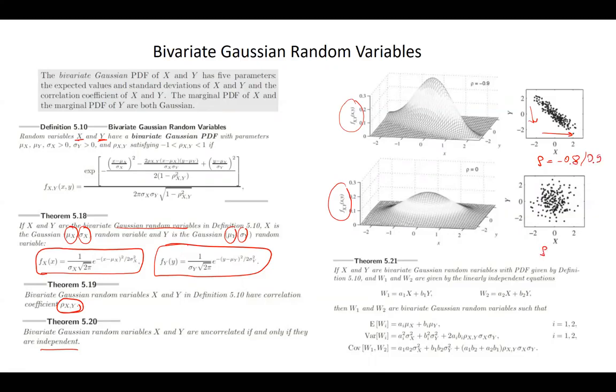And here the correlation coefficient is probably equal to 0. So here, how they vary: when I look at the X value here and Y value here, when X increases, Y decreases. While here, when X increases, there is no change in Y.